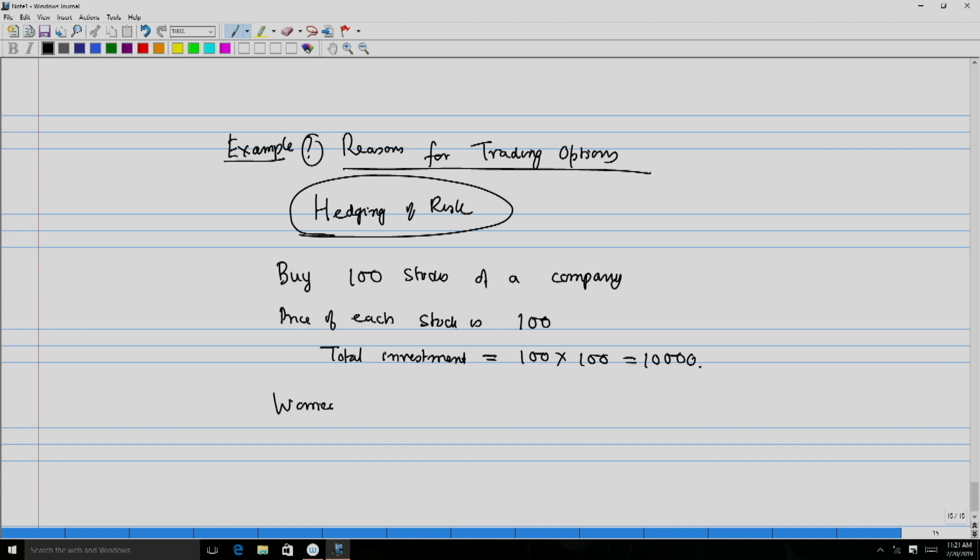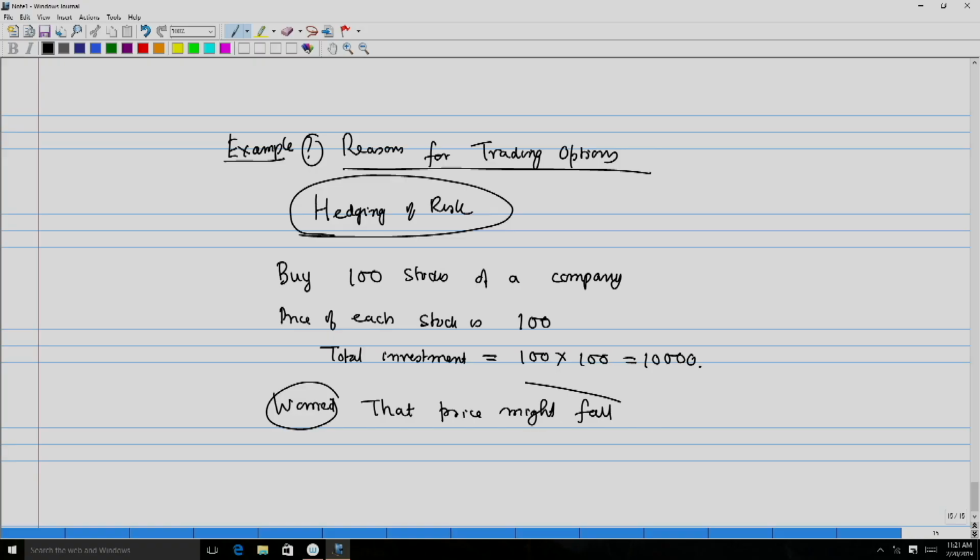But we are worried that the price might fall. Suppose the price falls from 100 to 60, that means our investment of 10,000 gets reduced to 6,000, giving us a loss of 4,000.